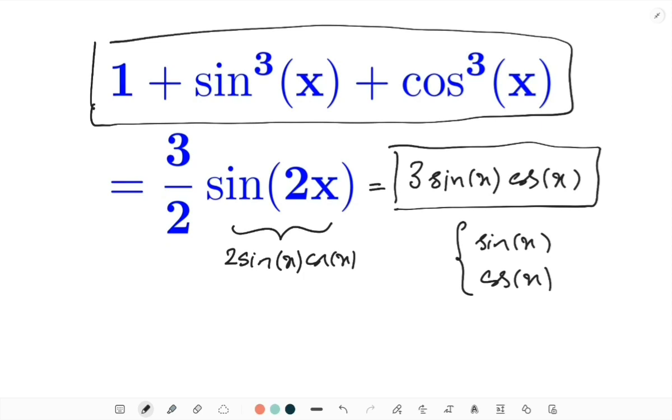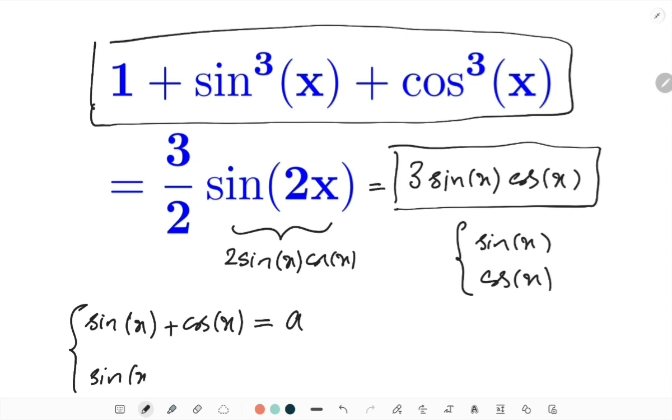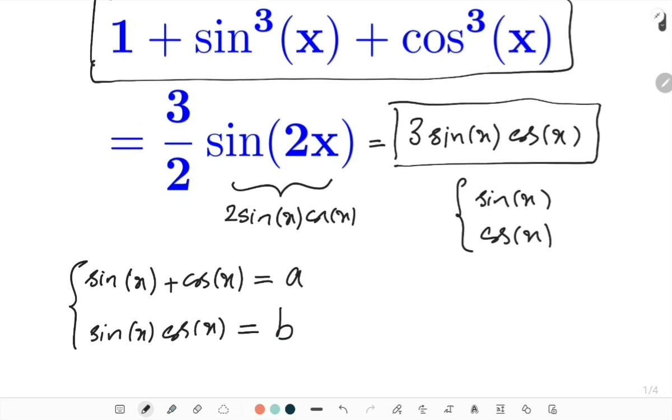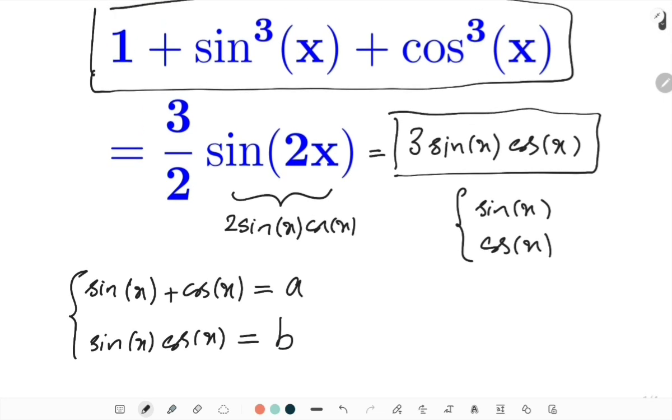So basically, we take their sum, sine of x plus cosine of x, to be some a, and then we take their multiplication, sine of x times cosine of x, equals b. If you're wondering why I am considering this change of variables, I have other videos where I made use of such change of variables.